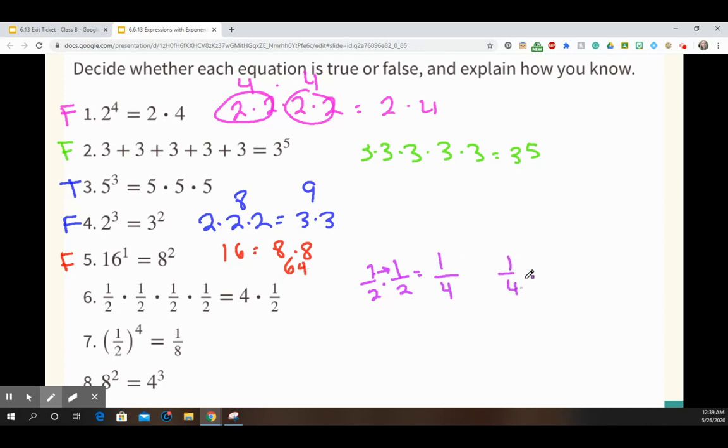So I have 1/4 times 1/4, straight across, 1 times 1, and 4 times 4 is 16. So I'd be left with 1/16. All right, and then for this side, 4 times a half, I'd have 4/2, and this would end up being equal to 2. And we know that 1/16 is not the same as 2. So this one's also false.